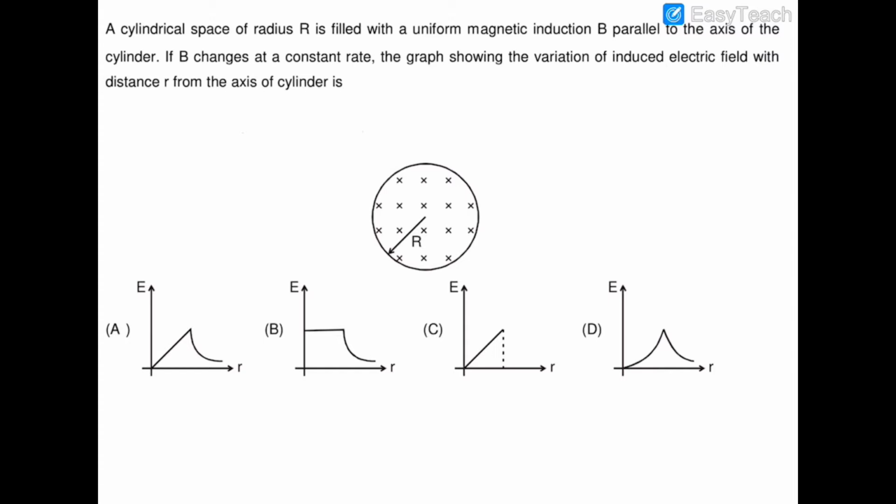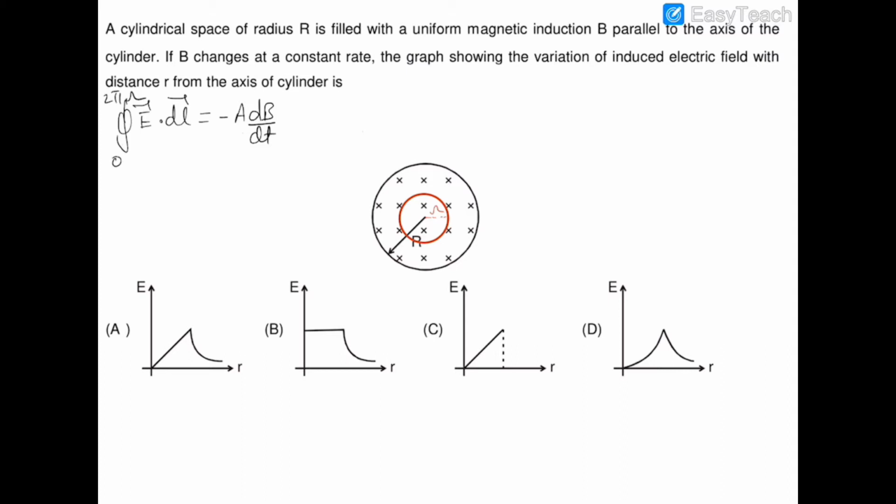So first of all, we can imagine an imaginary loop which is concentric to this cylinder, and let's suppose this is the loop of a variable radius small r. So we write that the integration of E dot dl is equal to minus dΦ by dt, and the limit would be from 0 to 2 pi small r.